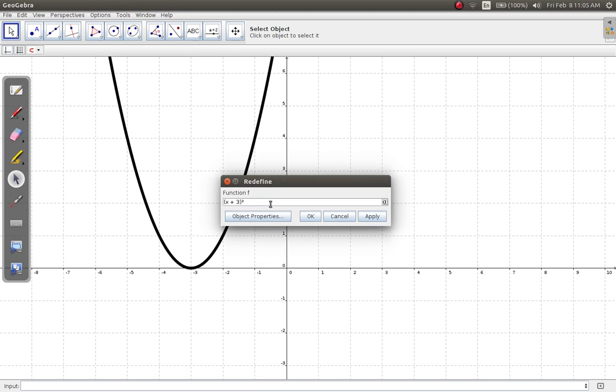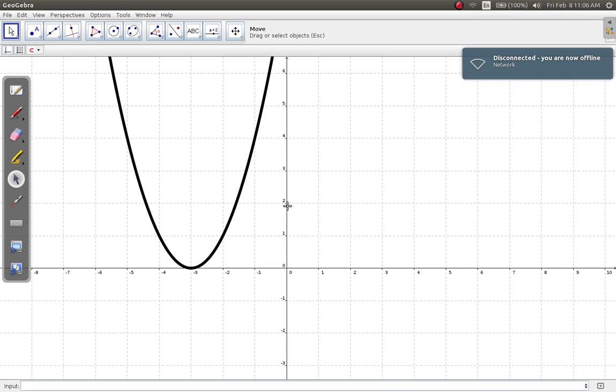Let's change this a bit. x squared plus 6x plus 9. x to the power of 2 plus 6x plus 9. What would happen? It stays put. This is the same function as x squared plus 6x plus 9.